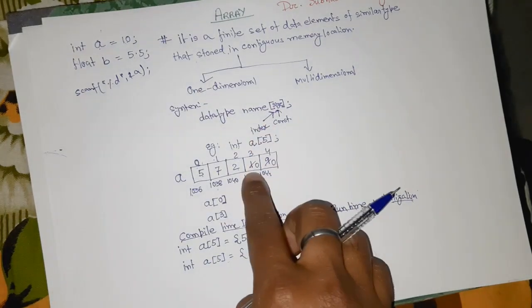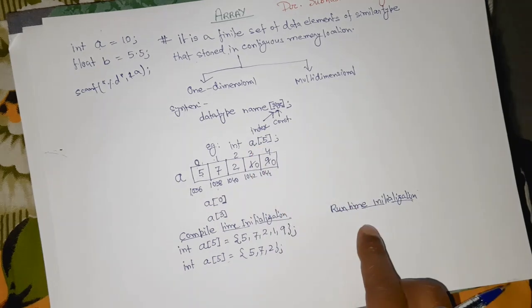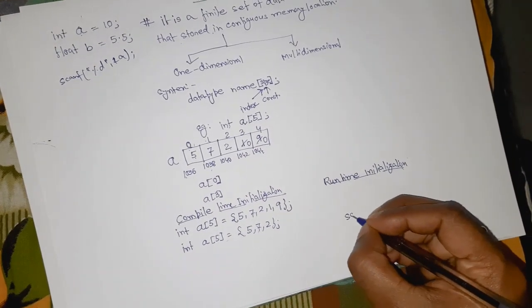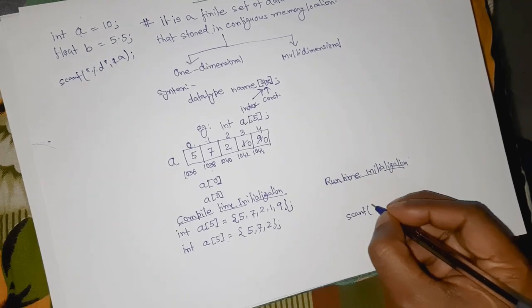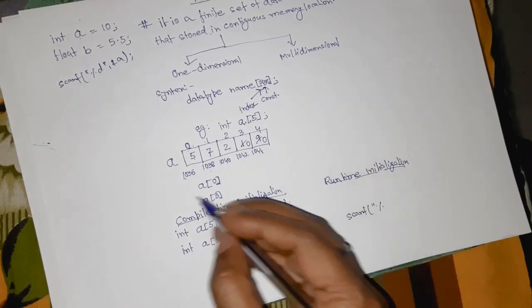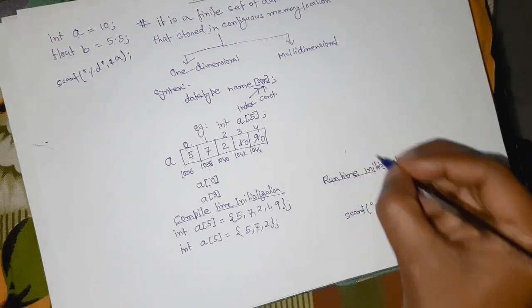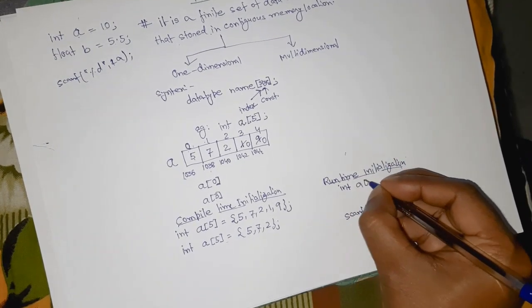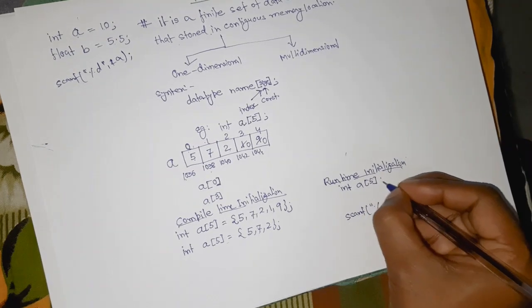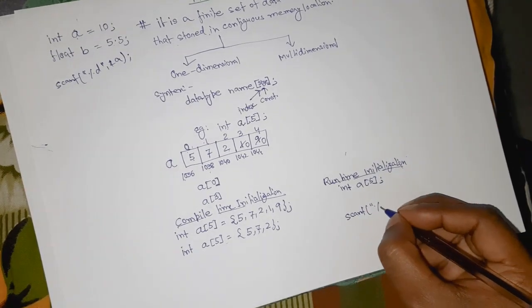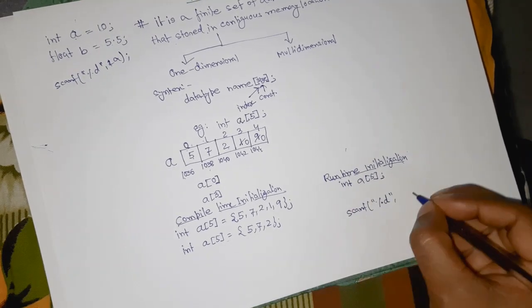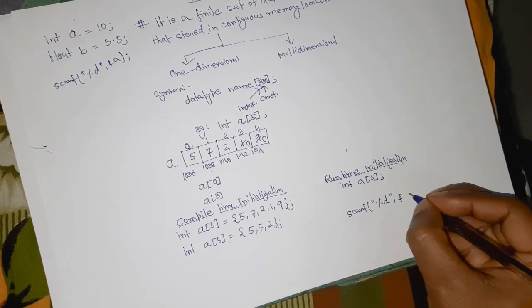Similarly, for an array, if you need to initialize it at runtime, we can also use scanf. Suppose you are declaring an integer array, let's have A of 5, and we specify %d, because this array is integer type, and we have to store the elements in the array A.